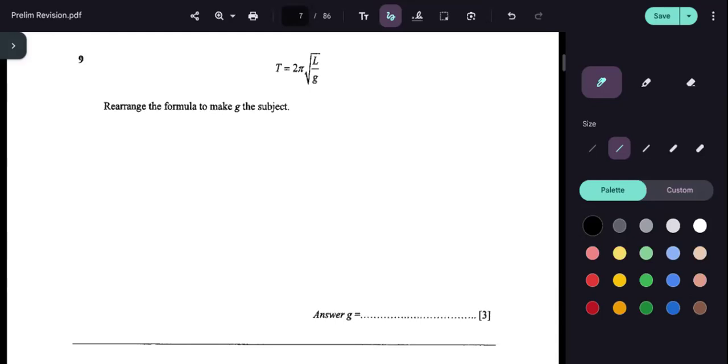Okay, so it says rearrange the formula to make G the subject. Now to make G the subject, you need to make the G on the left hand side go to the right hand side. So you put the RHS. Those who are good in A math will know this is the square root of L over G. How to make this? First thing, square both sides.